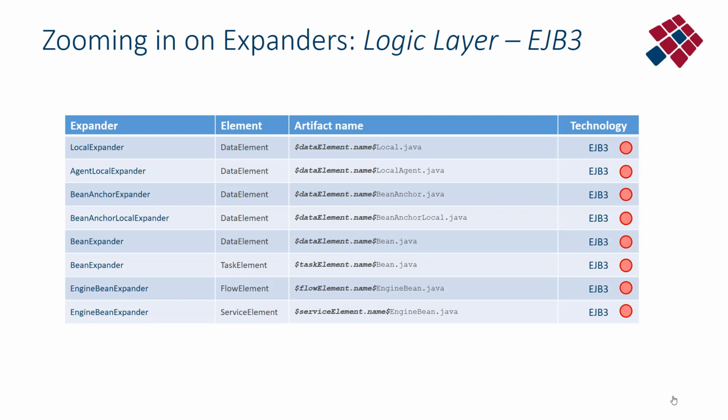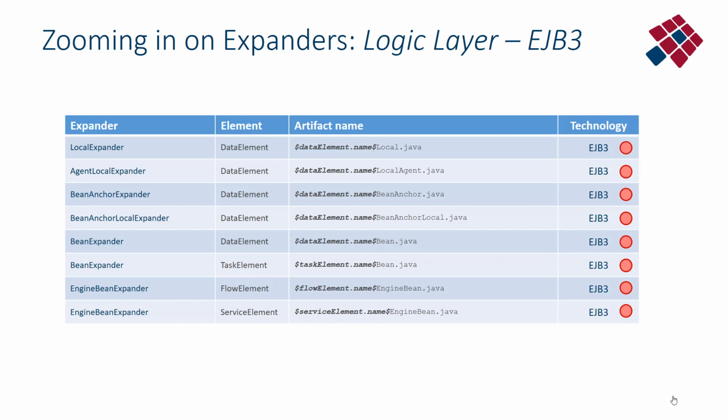Now, once again, part of the name of the artifact that is generated reflects basically the actual artifact in the element structure, like local agent, bean, engine bean, etc. And part of the artifact reflects the functional entity for which this element is being instantiated.